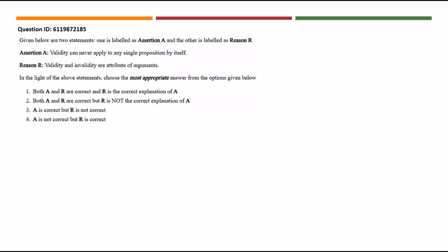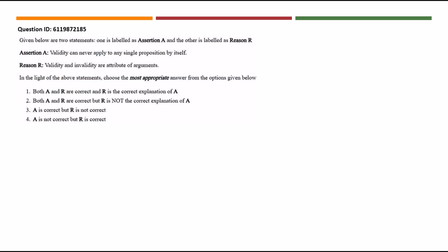Next question. A short break from philosophical terms in Sanskrit. Given below are two statements. One is assertion, other one is reason. Assertion states validity can never apply to any single proposition by itself. Reason is validity and invalidity are attributes of arguments.